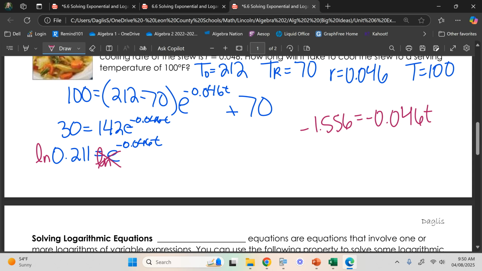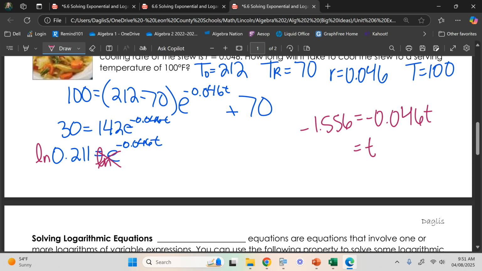And my final step in getting little t by itself: divide. Yes, let's divide by negative 0.046. And what do you get?